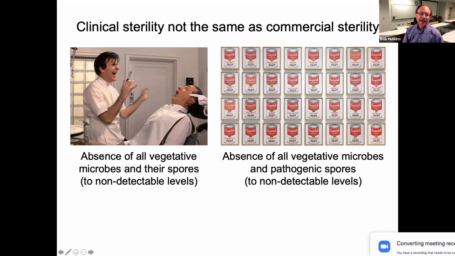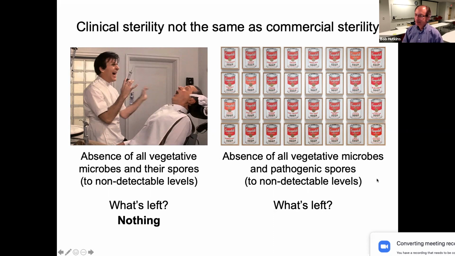Clinical sterility is the absence of all vegetative microbes and their spores to non-detectable levels. What's left? Nothing, theoretically nothing. Here's another iconic figure, the famous Andy Warhol Campbell Soup artwork. In commercial sterility, we have the absence of all vegetative microbes and pathogenic spores to non-detectable levels.